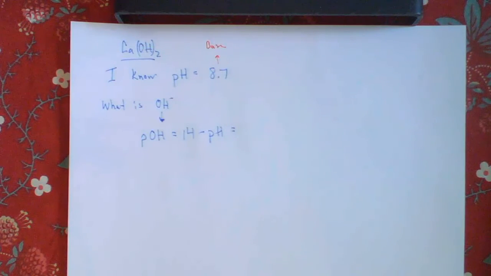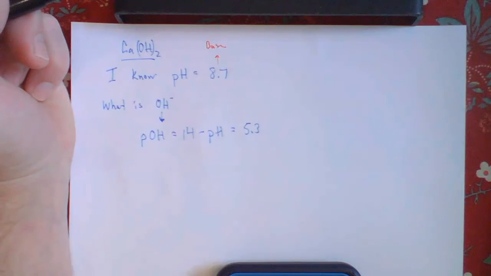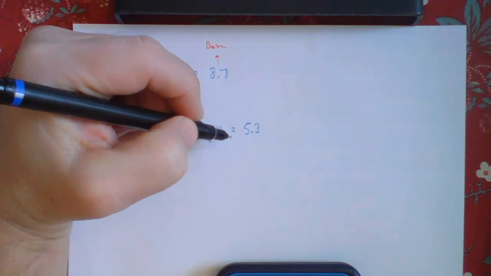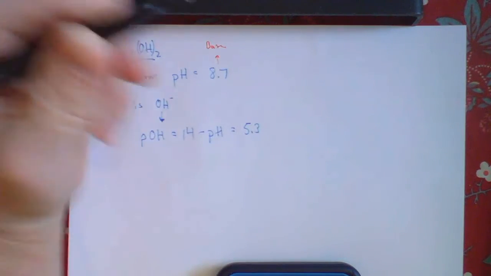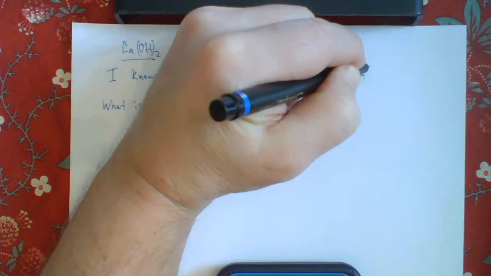So I'm going to grab a calculator here to do a 14 minus our 8.7. And I know that I get a pOH of 5.3. Now what I want to do is I want to use that to figure out what the concentration of the hydroxide is. So we go 10 to the negative 5.3 is what I'm going to get for my hydroxide ion concentration.